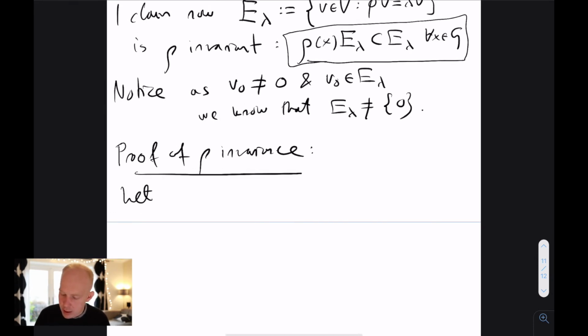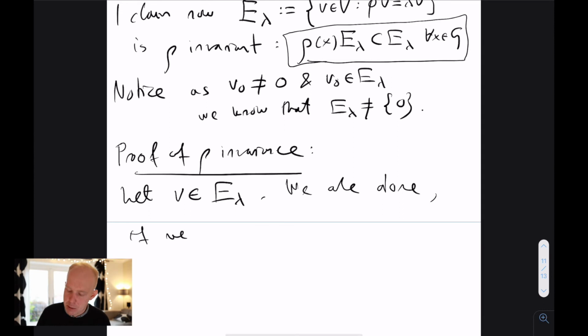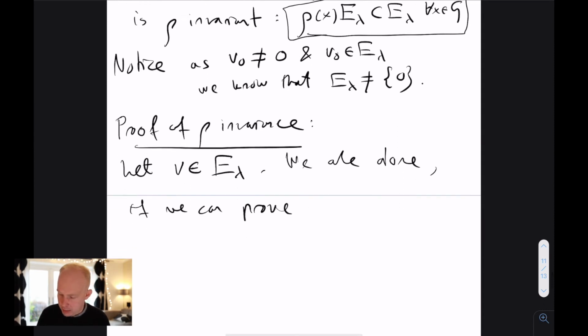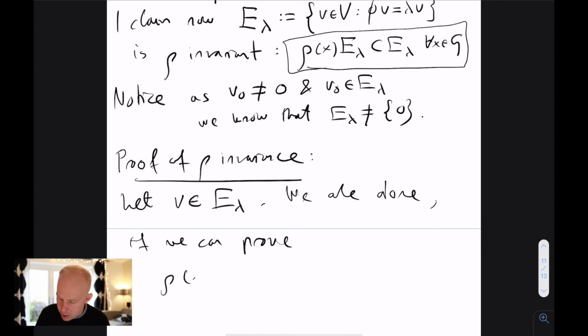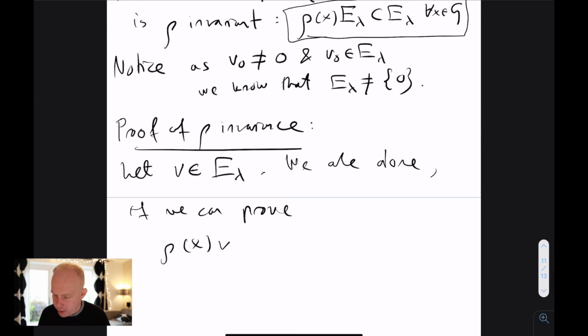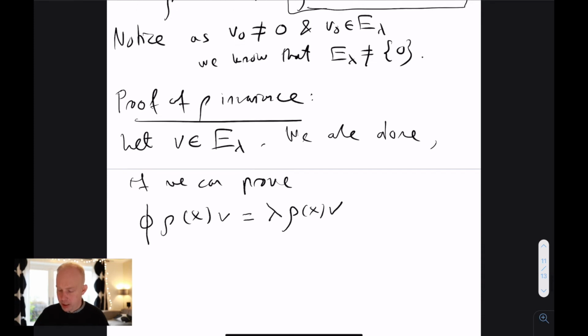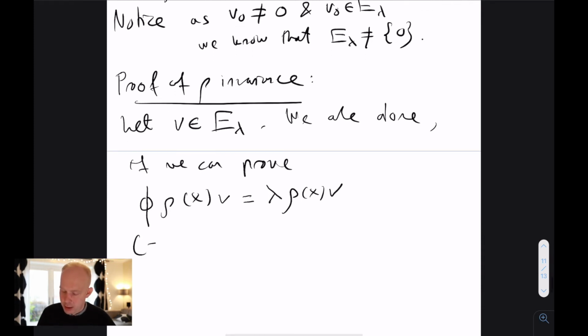What we can do is take v in this E lambda, and we are done if we can prove that if you take rho x v, and I will actually prove its eigenvalue with this, that when you map this vector with phi, you get lambda rho x v. That implies, because this is equivalent to saying that rho x v belongs to E lambda.